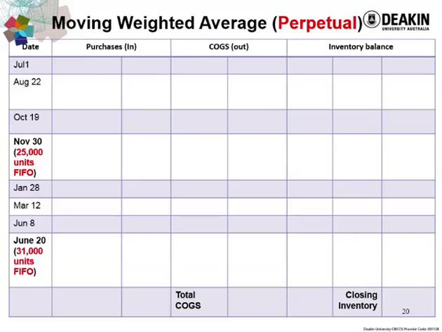If we use weighted average under the perpetual method, we will call it moving weighted average because we need to recalculate the average unit cost after each purchase. And again, under the perpetual method, because we continuously track the cost of goods sold, we must prepare a stock card.